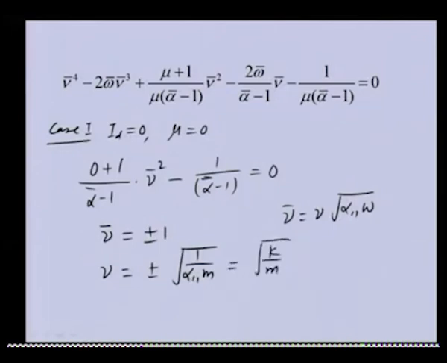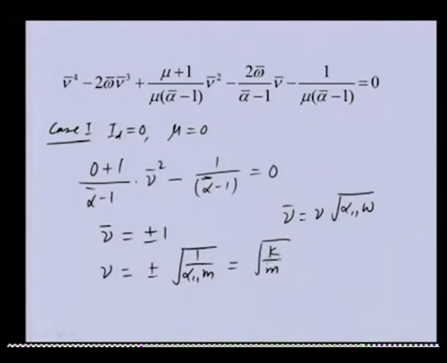So, this will be √(k/m). So, you can see that this is the standard stiffness divided by m as the frequency. So, when there is no disk effect, there is a point mass, we will get the natural frequency which is independent of the speed. In this particular polynomial, you can see the whirl frequency is dependent upon speed. Some speed terms are there, but if this effect is not there, then this whirl frequency is independent of the speed.